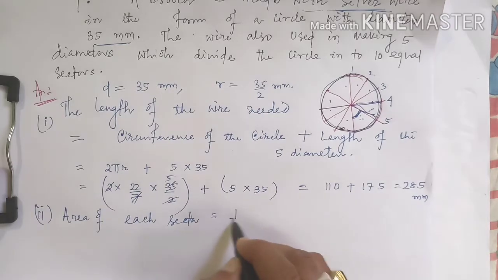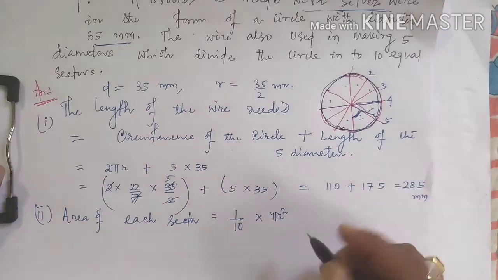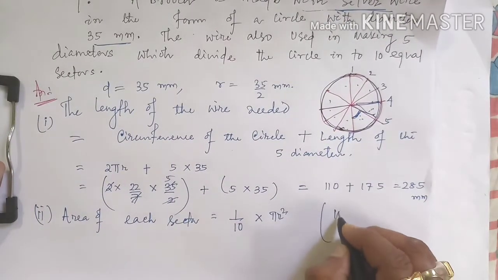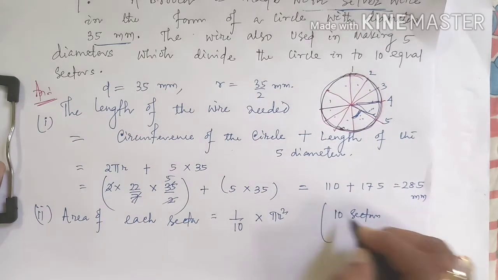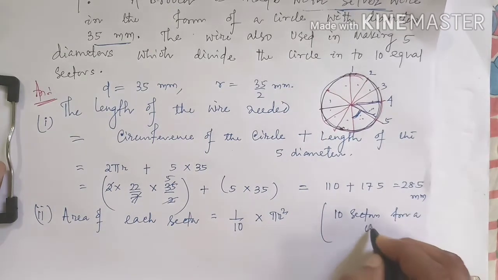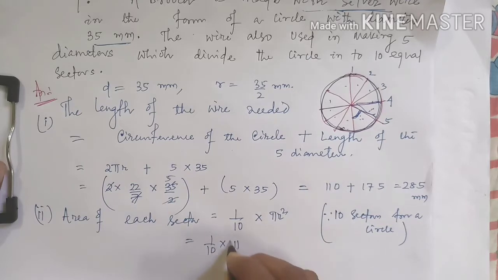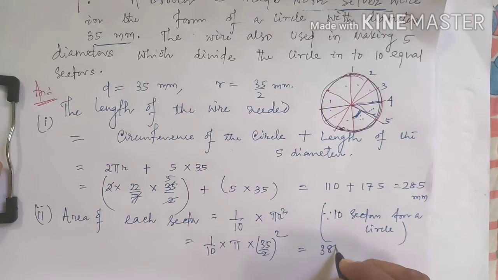The same thing you will get, 1 by 10 into pi r square. Have you understood? Because of your 10 divisions, 10 sectors from a circle. So you will get 1 by 10 into pi into 35 by 2 square. At last, after simplifying, pi is 22 by 7, and you get 385 by 4 square millimeter.